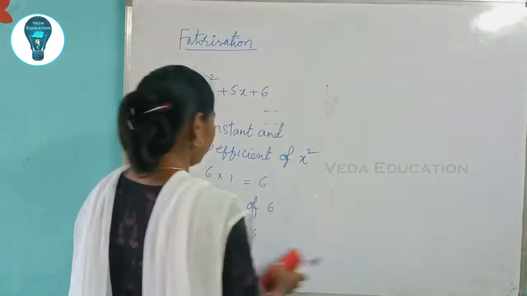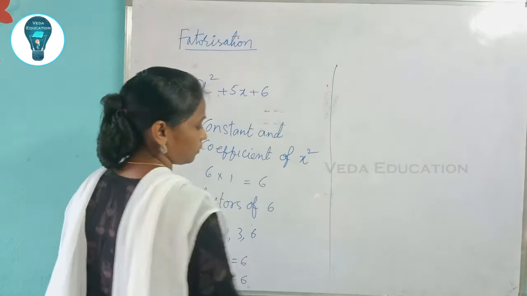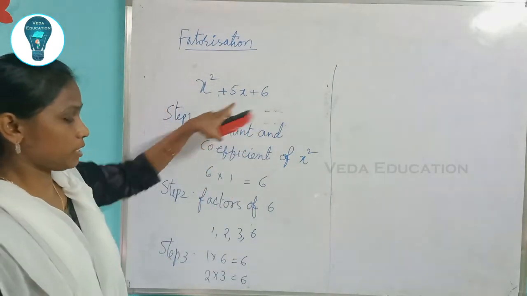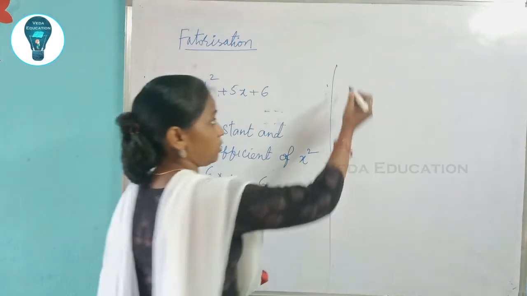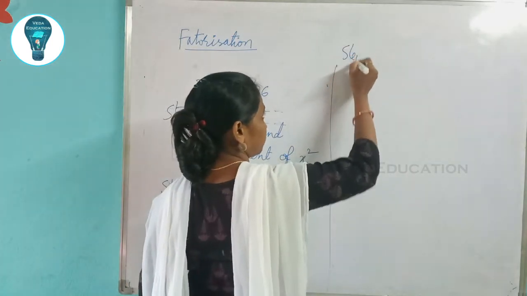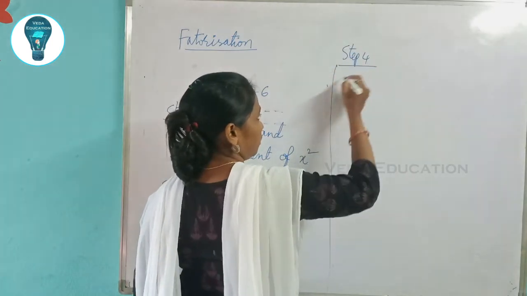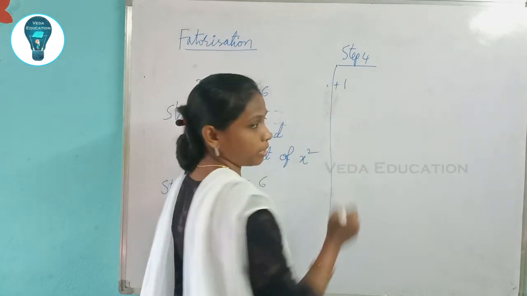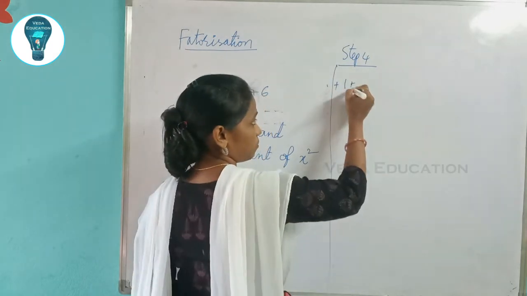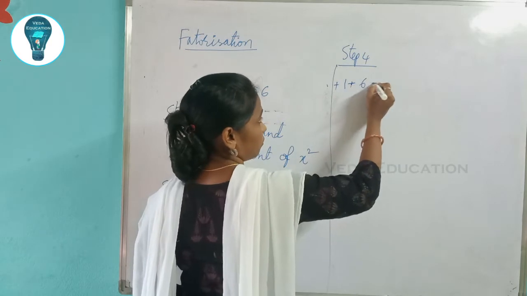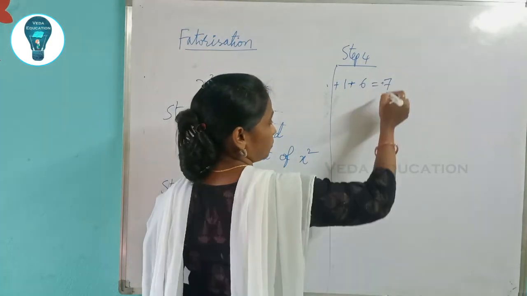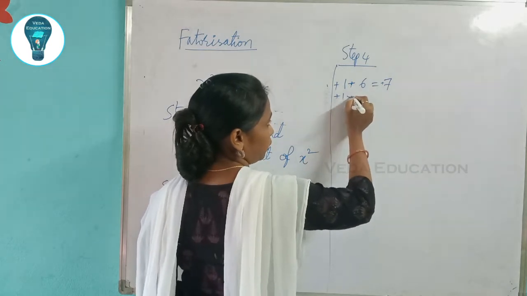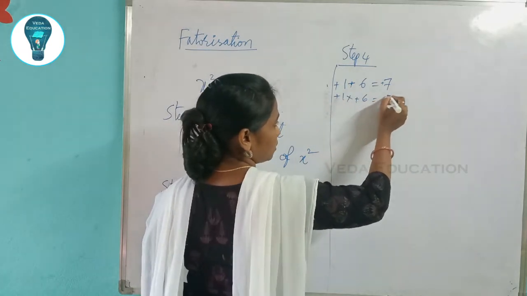Now step 4. Here we are applying plus and minus. For 1 and 6, first of all I am taking the plus combination. You will get plus 7, and if you multiply plus 1 into plus 6, you will get 6.